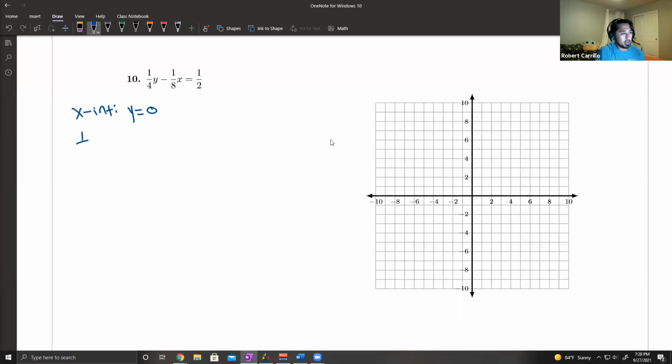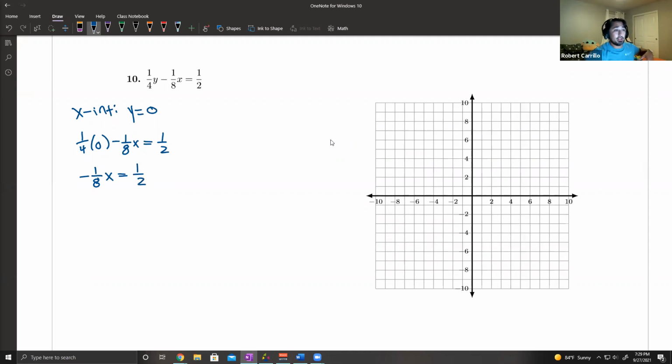So you have 1/4 times 0 minus 1/8 x equal to 1/2. 1/4 zeros out, and you get left with negative 1/8 x equal to 1/2.